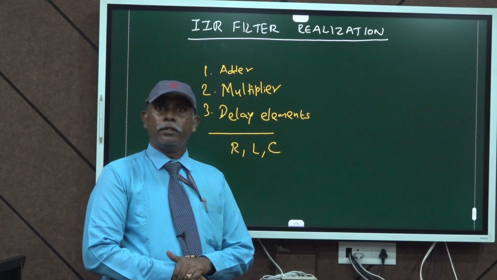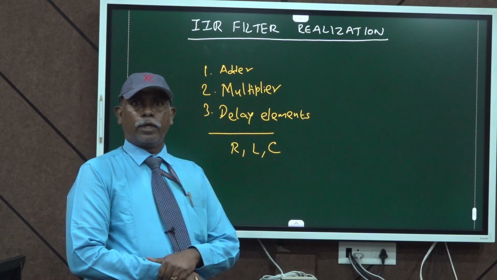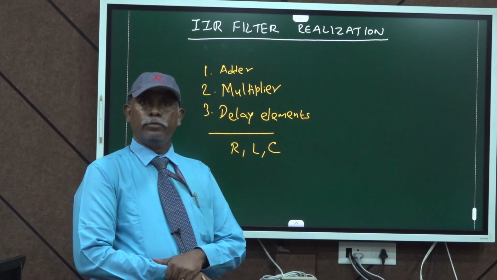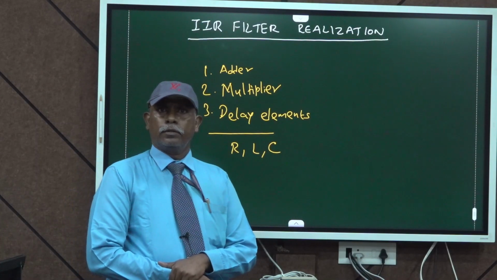For any design, you just change the software. Just write the software and change the contents, and you can easily change a low pass filter into a high pass filter. Just change the commands, that's all.